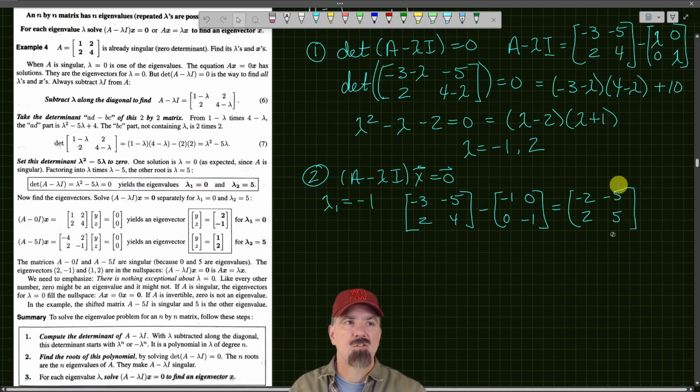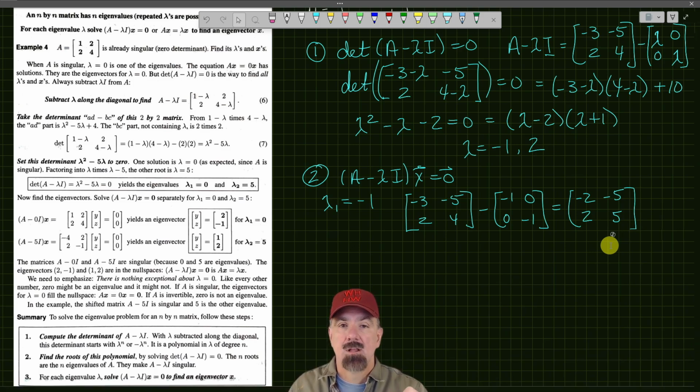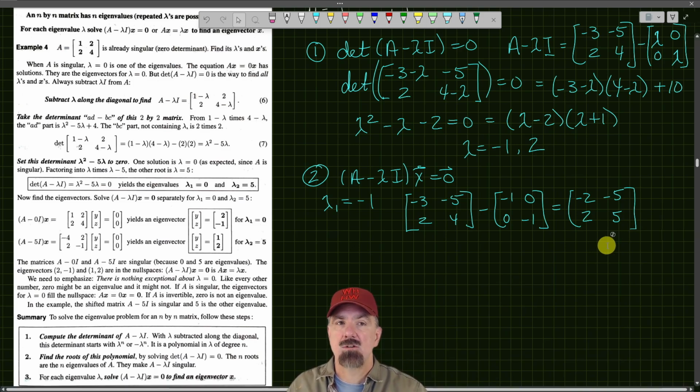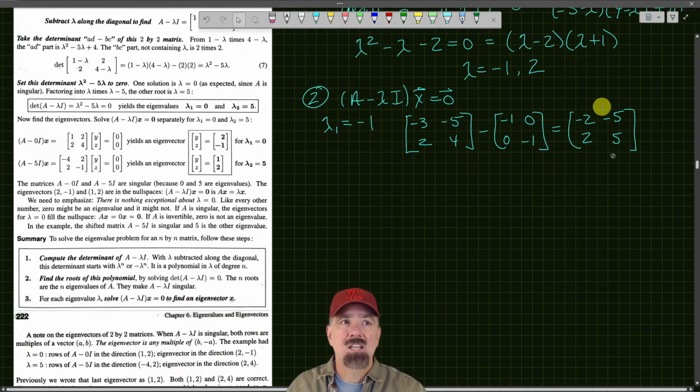Let's take a look at this matrix for a minute. What's true about this matrix? It's singular. Of course it's singular. We picked the lambda values to make it singular. That's the entire point of the eigenvalues. Because this matrix A minus lambda I is singular, we know it has a non-trivial null space.